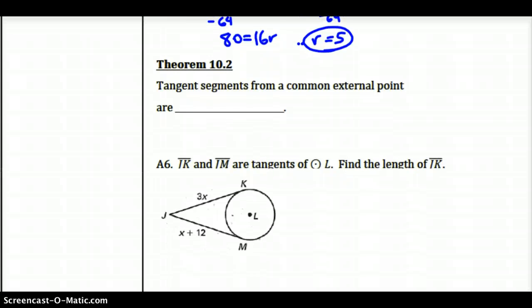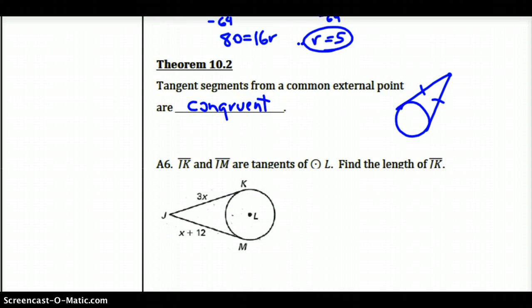Now last theorem here: if we have a circle and an external point and I draw tangents that both hit the circle, we end up with congruent segments. So tangent segments from an external point are congruent.